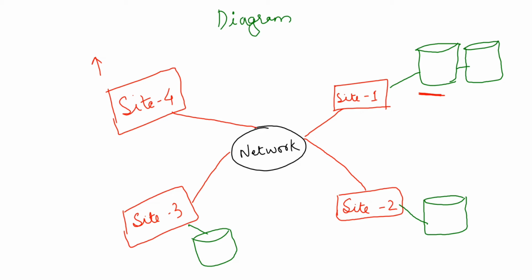But if site 2 wants to access the databases residing on site 1, then it needs to go through the internet, contact site 1 and get the results in this way. Similarly, in distributed database systems we can have sites which do not have any databases, like this site, so through the internet it accesses the databases of other sites for its use.